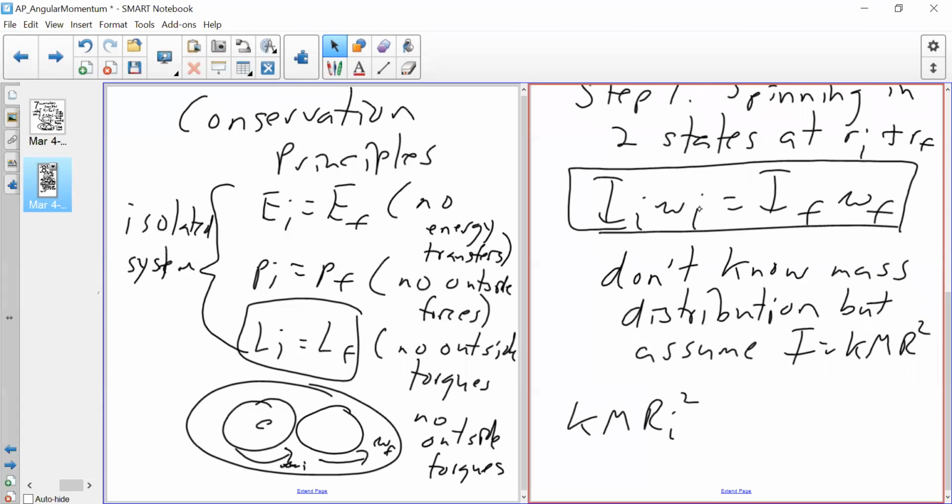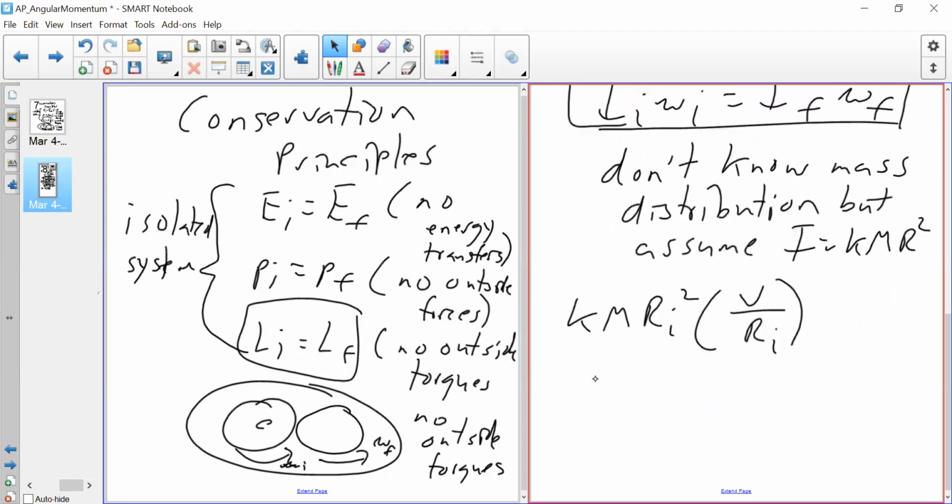And then omega, they show you that omega is 2 pi over T, where you really get that into the wave chapters. But here's how you can come up with omega being 2 pi over T. You know that omega is v over r. And we also know that for objects that are spinning about, the velocity is going to be equal to 2 pi r divided by T. So now if we take this and divide that by another r, the omega becomes 2 pi over T. That's how you get that.